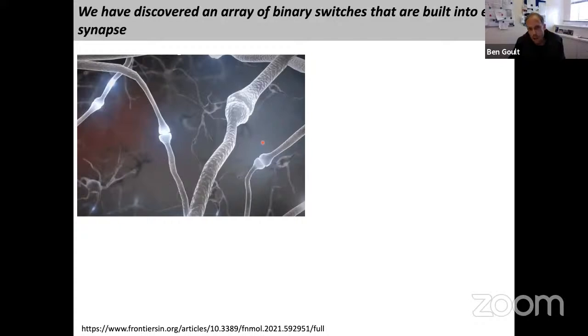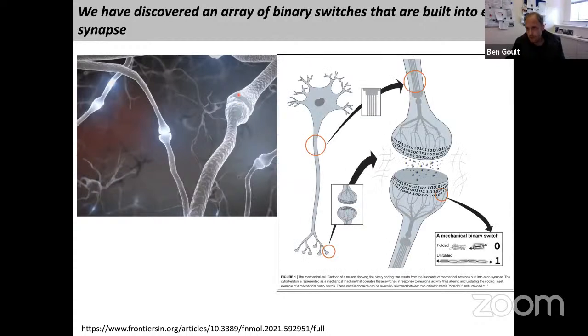So what we've been very interested in, and what we've discovered, and what I'd like to present to you today, is that we've discovered this array of binary switches that are built into the scaffolding which holds every one of these synapses together. And that is shown illustratively here. So these synapses, the two neurons are touching each other, but they're held together by this complex scaffolding, which stabilizes and holds them together.